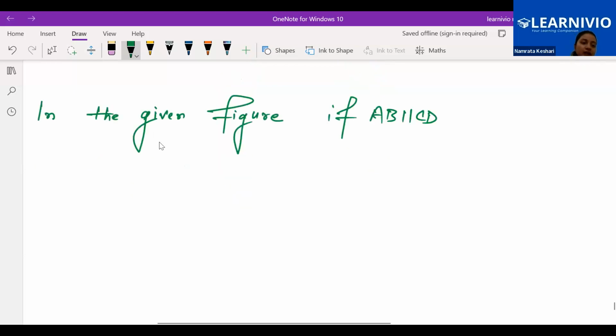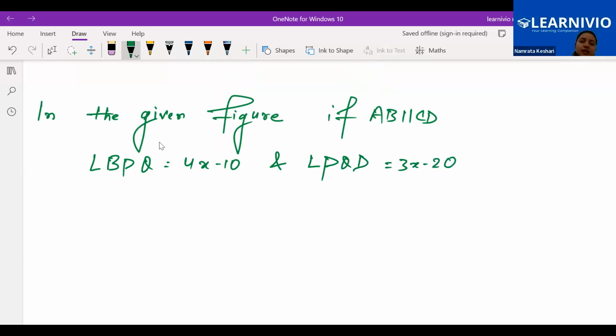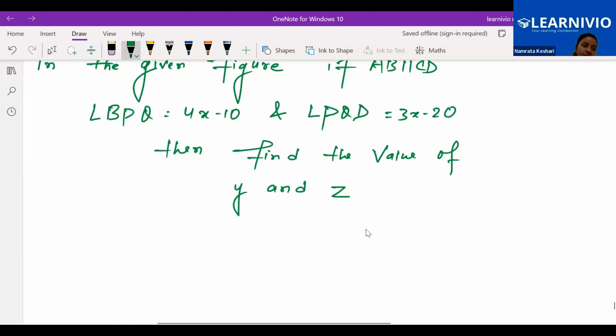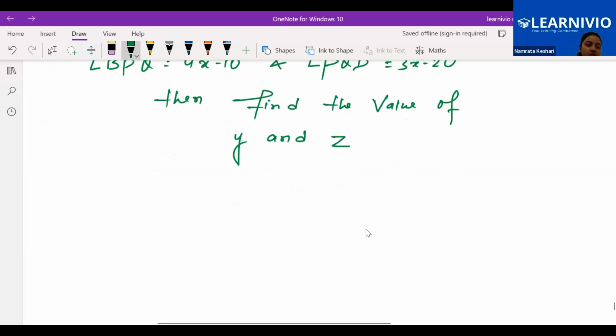And angle BPQ is 4x minus 10 and angle PQD is 3x minus 20, then find the value of y and z. Just a second. Let me draw the figure, then it will make sense.